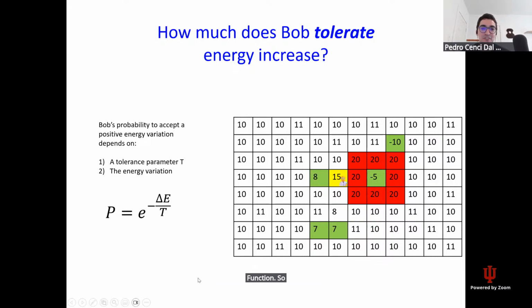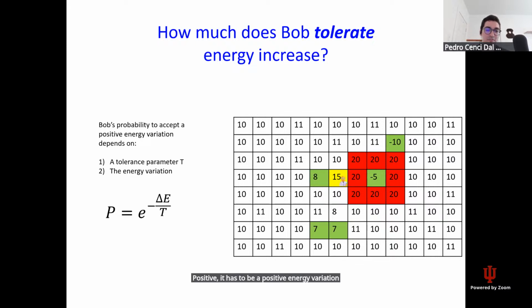In this function, we set how Bob will accept increasing its energy. Here I'm using the T parameter. I'm calling it tolerance. It's how much Bob tolerates increasing its energy. But again, this function also depends on the energy variation. It has to be a positive energy variation.